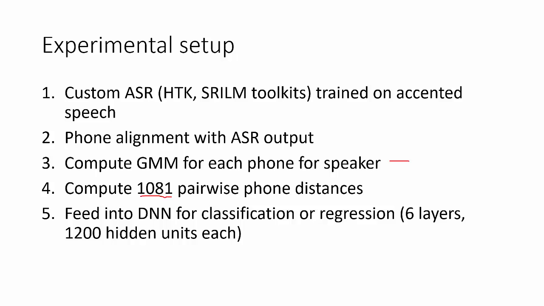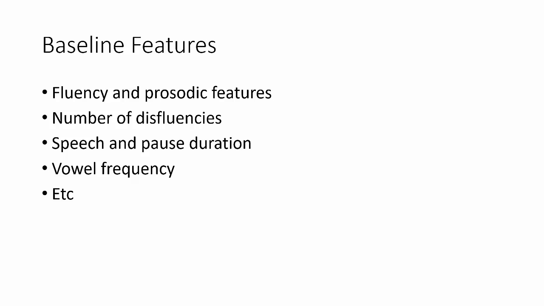So let's see how this does. They compared with some baselines, which are the features that other people previously used for this task: fluency, prosodic measures, vowel frequency, F1, F0, speech duration, vowel duration, stuff like that.